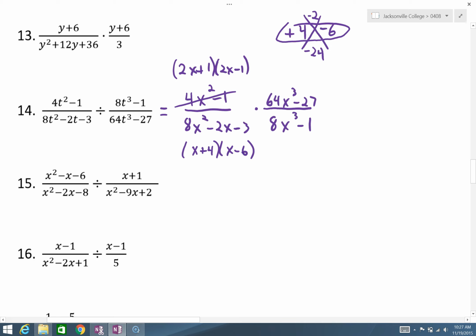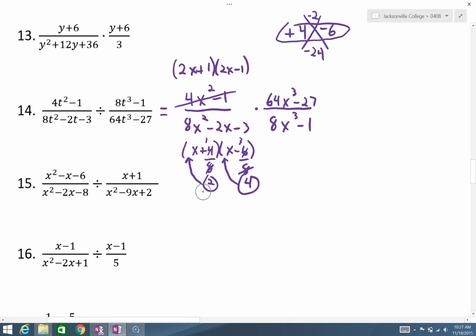But lastly, we need to divide by a, dividing by 8. Dividing by 8 here and dividing by 8 here. Well, 4 over 8 reduces to 1 over 2. We take the denominator and write it as my coefficient. 6 over 8 reduces to 3 over 4. Take the denominator and write it as the coefficient.